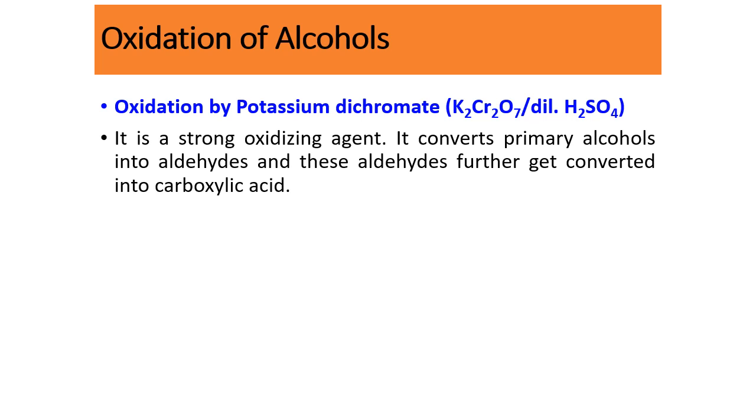Before I go to the example part, just try to understand one part in this discussion which is important. When we are oxidizing alcohols, alcohols are basically having hydroxy group, OH, right? And this OH is present either on primary carbon or secondary carbon or tertiary carbon. So we are considering here only primary and secondary carbons.